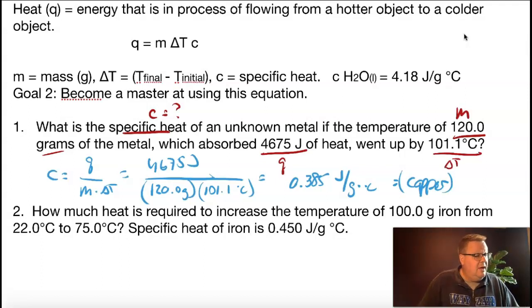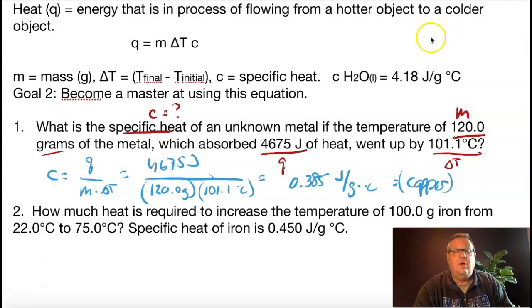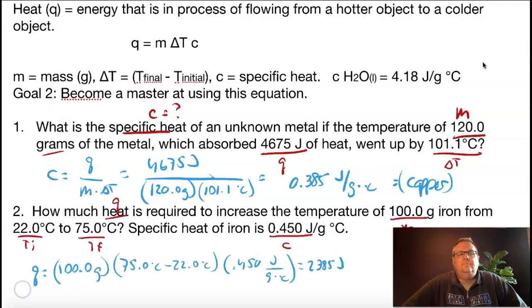Okay. Number 2, how much heat's required? You try that one, pause the video, show your work, pull up the video again, I'll show you mine. All right, here I've plugged in, looks like I'm after heat, Q. They give me mass, they give me T final, T initial, and they give me specific heat.